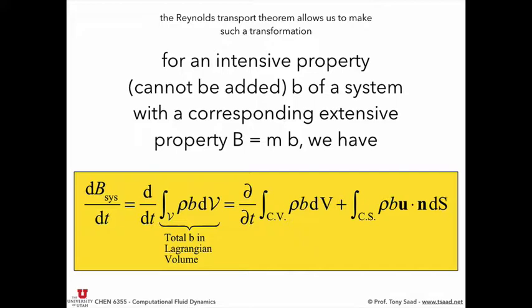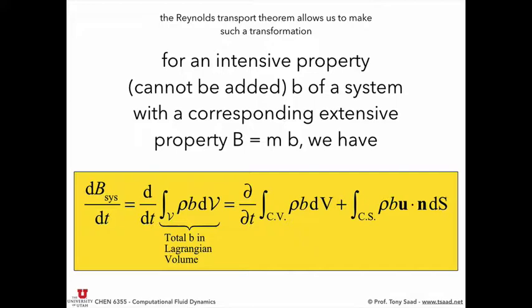Okay, so dB system by dt, that's the rate of change of the integrated quantity here. That's really equal to d by dt of the integral of rho b delta V. Okay, I keep messing up the V. Okay, right? So B system is this integral.